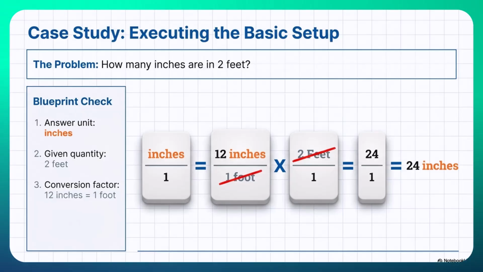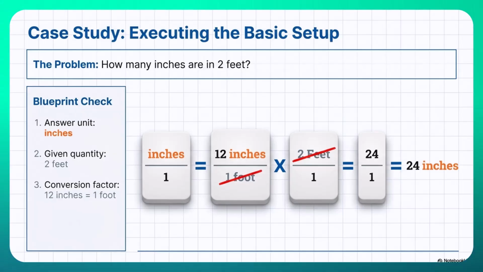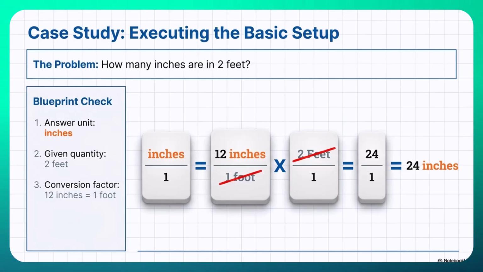So that goes in the numerator of our first fraction to the left of our equal sign, okay? Then we build a fraction on the right of the equal sign, put your fraction bar in. The top numerator is also going to be inches because these two have to match. That's your logic. Inches equals inches, correct? Okay?